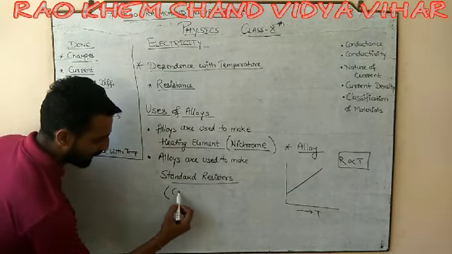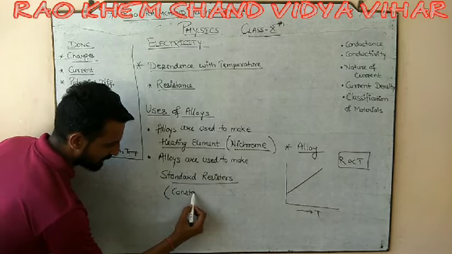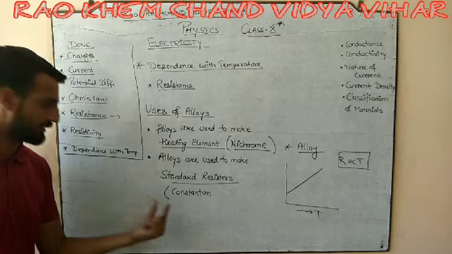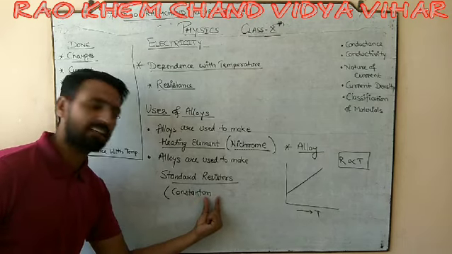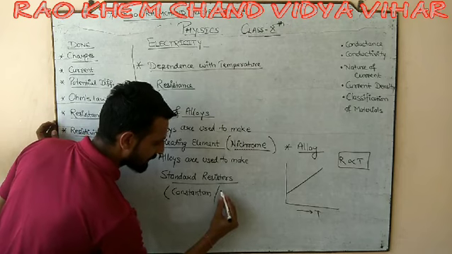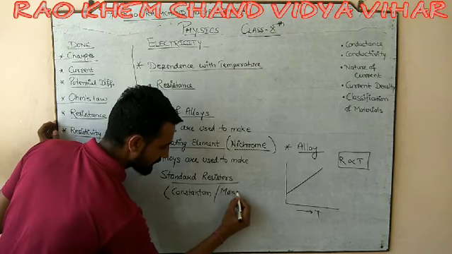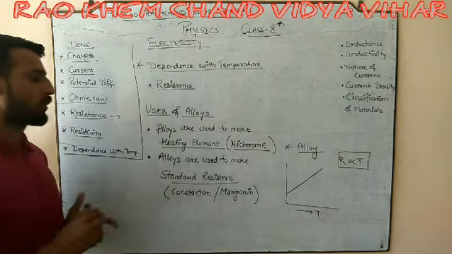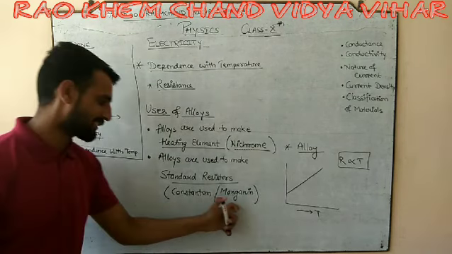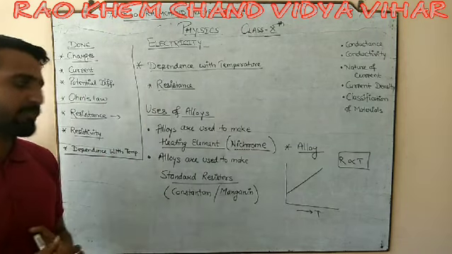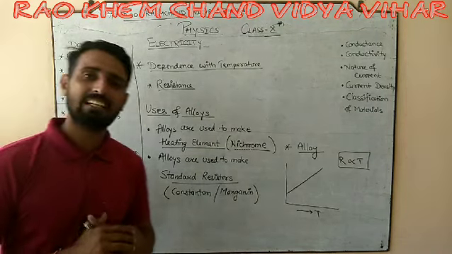To make the standard resistors we use two alloys, constantan and manganese. So we use these two alloys to make the standard resistor, and we prefer nichrome to make the heating element.